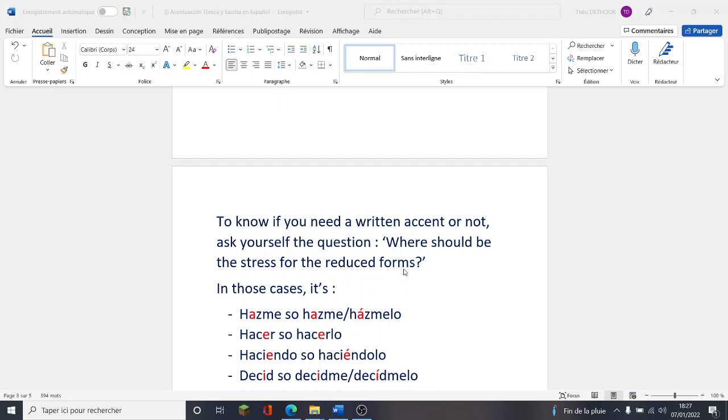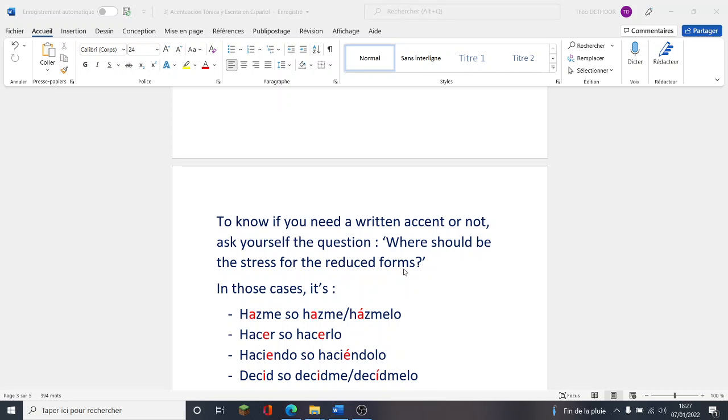If you know which letter is stressed for those raw forms, the form without any pronoun, you will know which vowel will be stressed with pronouns. And if you know which letter is supposed to be stressed, then you know if you will need a written accent or not.